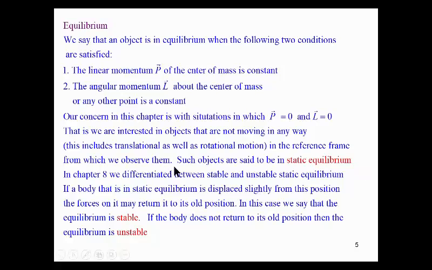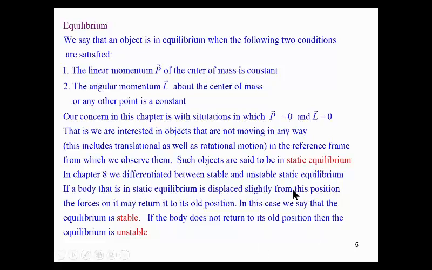Using Newton's second law, if the net force is zero, then the total linear momentum remains constant, right? The linear momentum also doesn't change. And also, if the net torque is zero, the angular momentum also doesn't change.